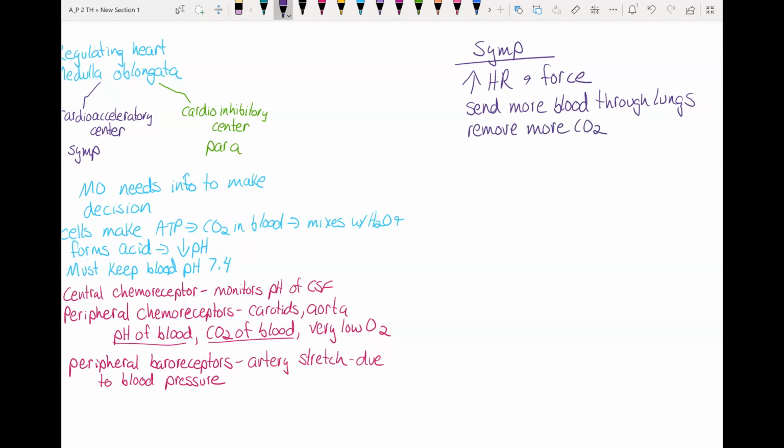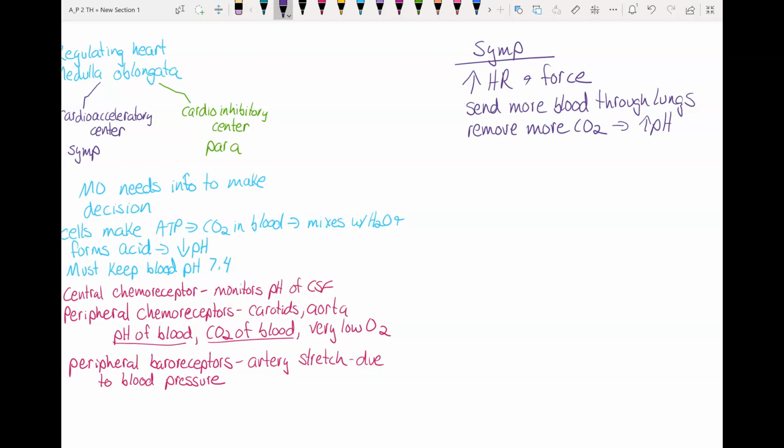So think about what kind of situation would cause you to want to remove more carbon dioxide. The stimulus and the result have to match up to each other. Your result is that you remove more carbon dioxide. Well, what does that do to pH? Remember, carbon dioxide forms acid in your blood, which lowers pH. If you take away the carbon dioxide, it's not there to form the acid, which means that you increase the pH.